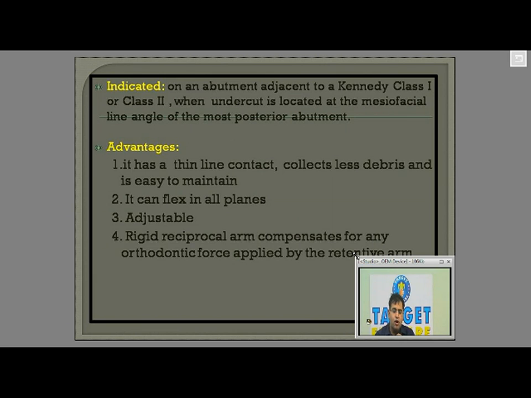It is indicated in a Kennedy class 1 or class 2 when the undercut is located at the mesiofacial line angle. Advantages are that it can flex in all planes, it is adjustable, and it has a rigid reciprocal arm which compensates for any orthodontic force applied by the retentive arm.